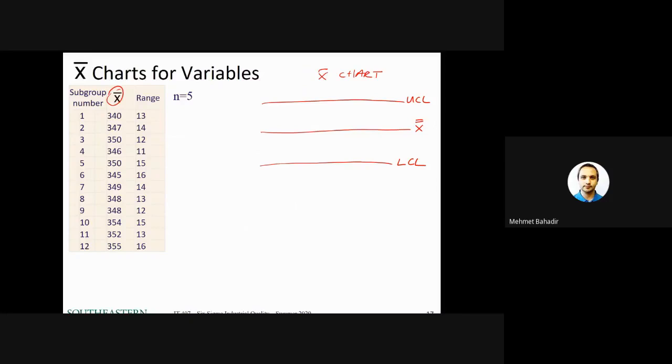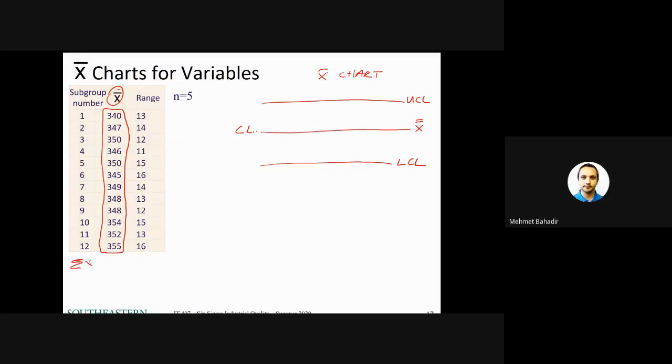So let's start with the center line. How do we calculate the center line? Center line is the X double bar, which is the average of averages. We are going to use this column and calculate the average of all these values. First, I need to calculate the total.